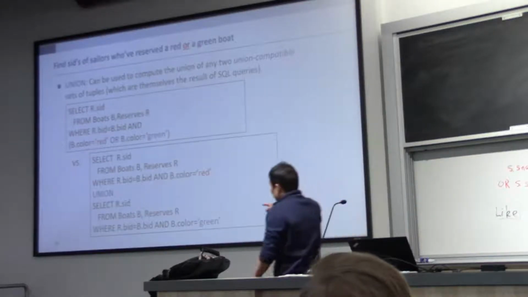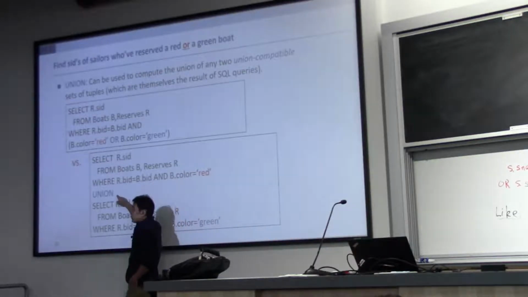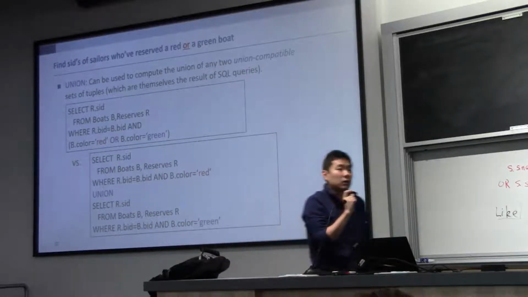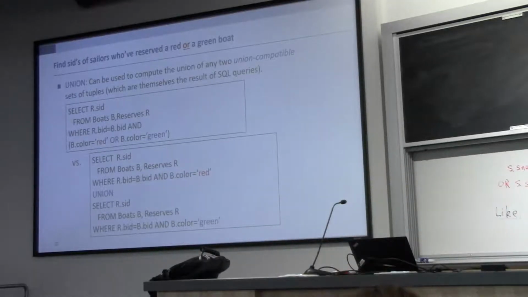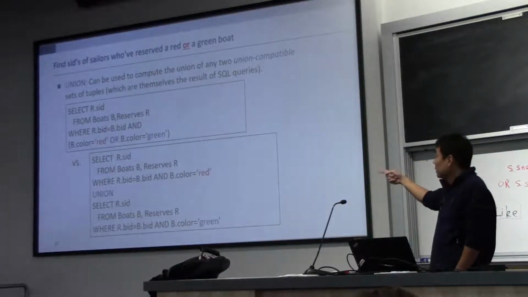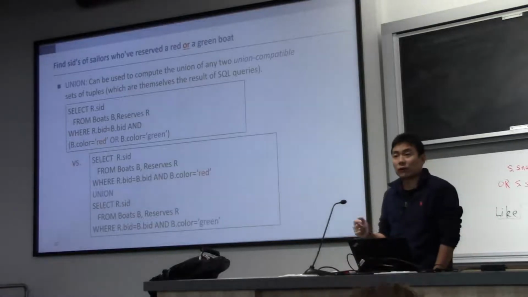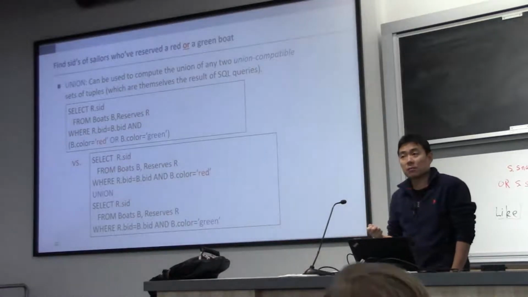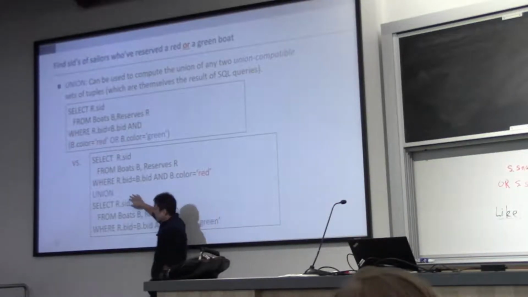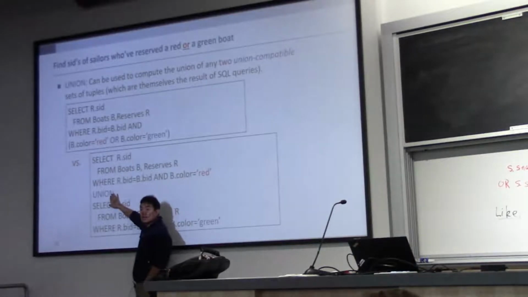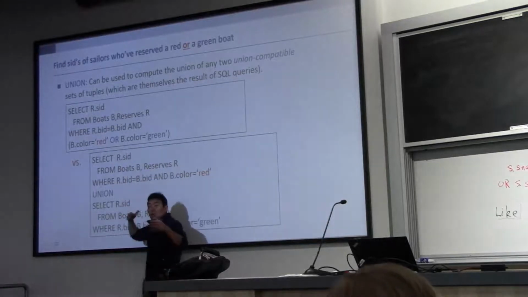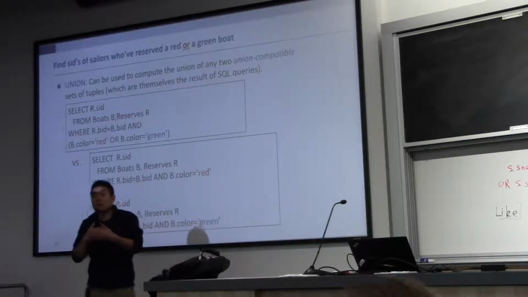Another way to do this query is to use the union keyword. Right? Just like in relational algebra, we have a union operator. Most SQL engines have a union operator as well. So you can construct two SQL blocks and simply union them together as your final output. Okay? Of course, similar to the requirement of the union operator in relational algebra, these two SQL blocks must be union compatible.